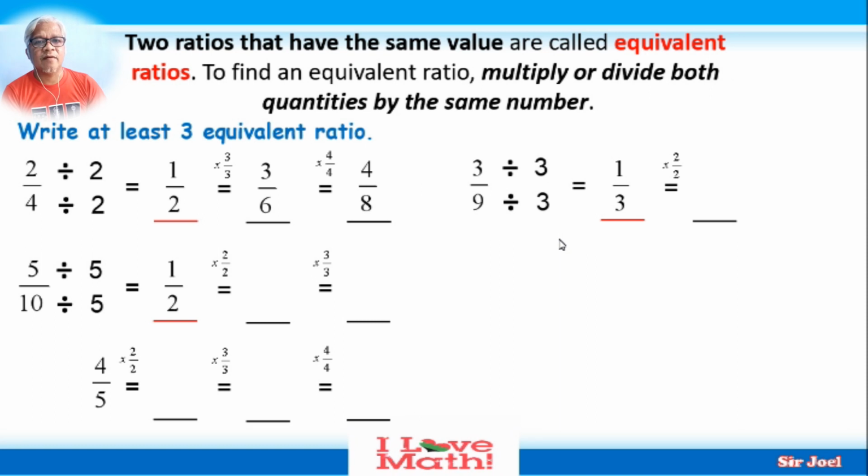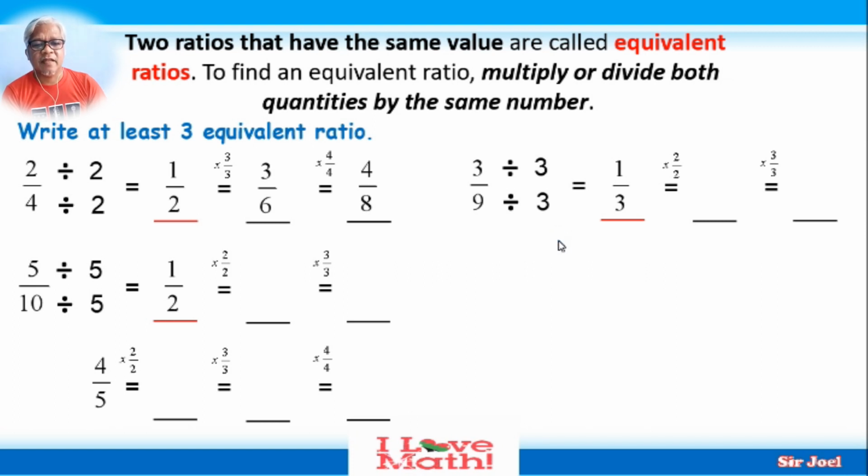Okay? And then 1 is to 3 is to be multiplied by 3 over 3. Bakit tayo nag-jump? Kasi nga, sabi natin, of course, you can multiply this by 4 over 4, 5 over 5, 6 over 6, and so on. So, kaya-kaya natin yon. Tama?